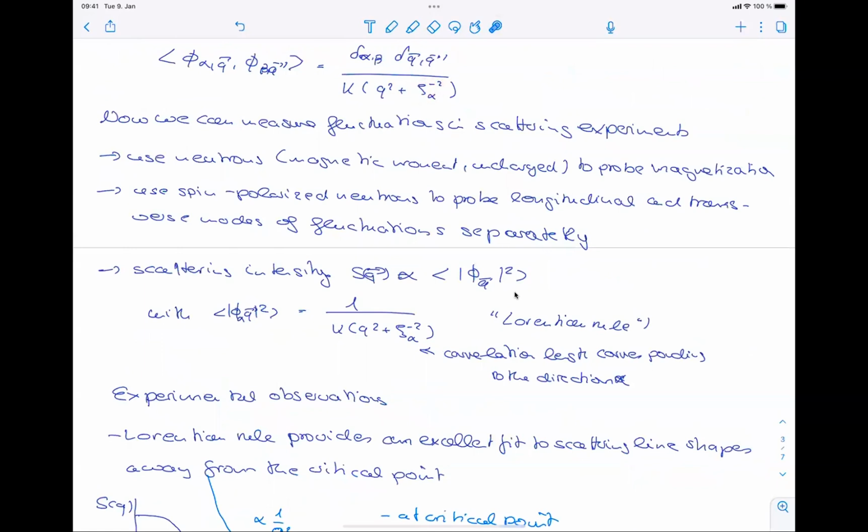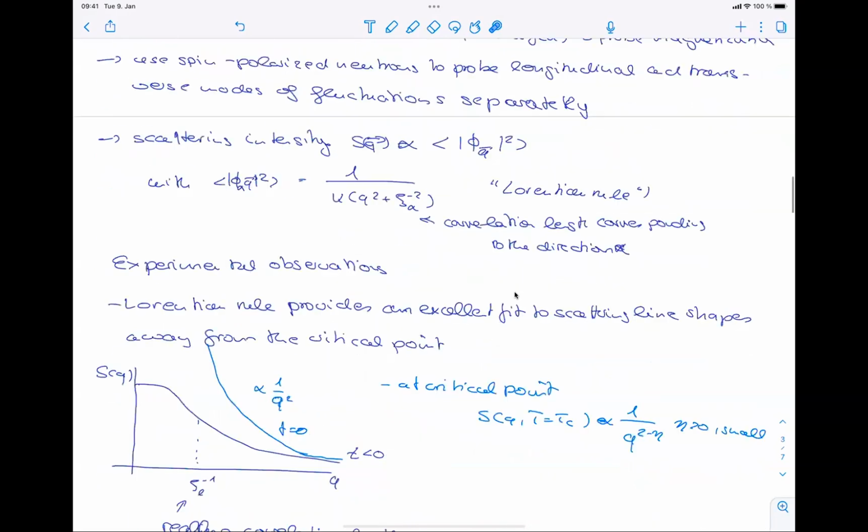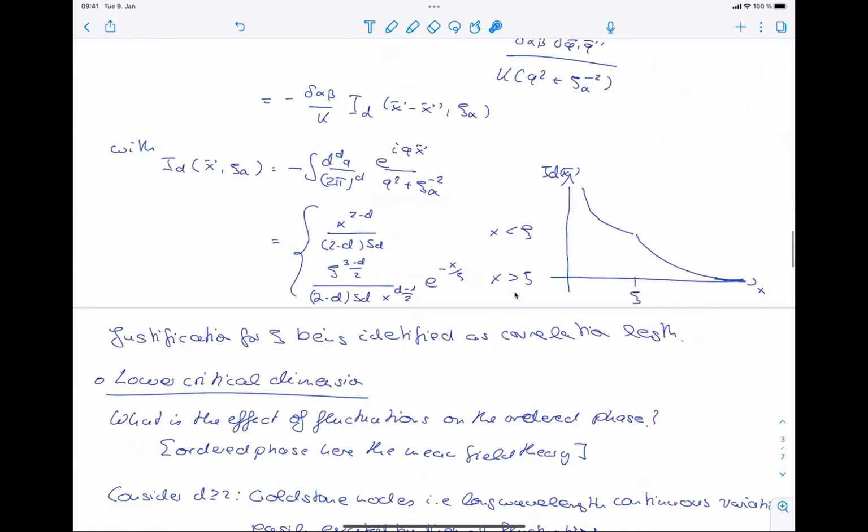So here you have the correlation length, a finite value that we know, and indeed it pops out to have this exponential decay, right?